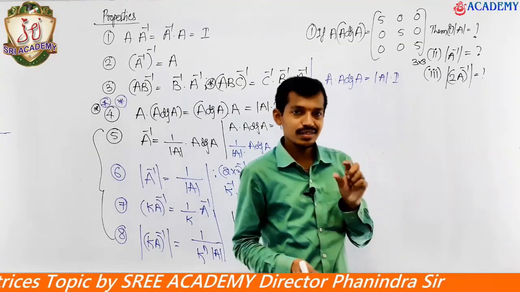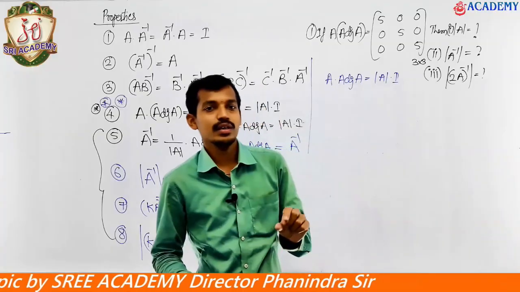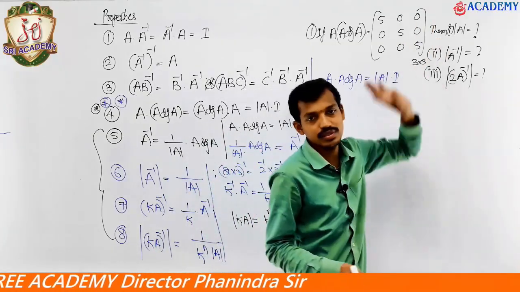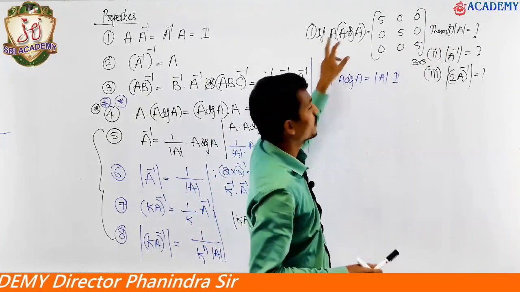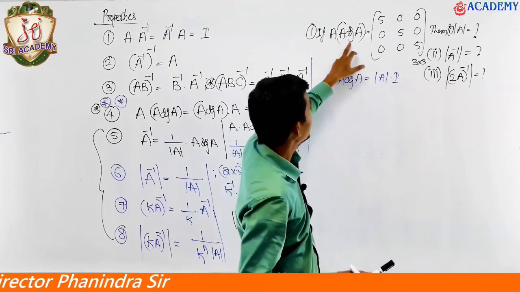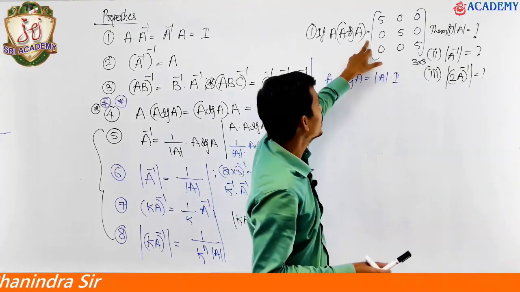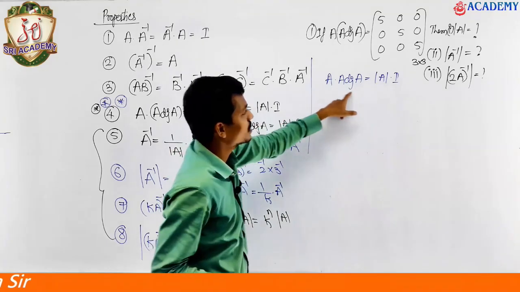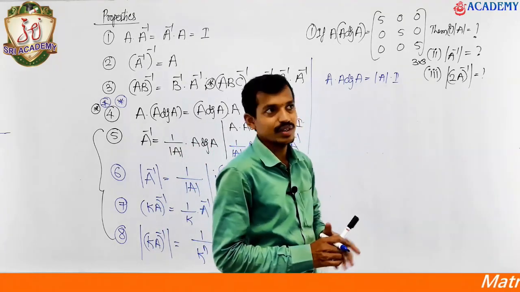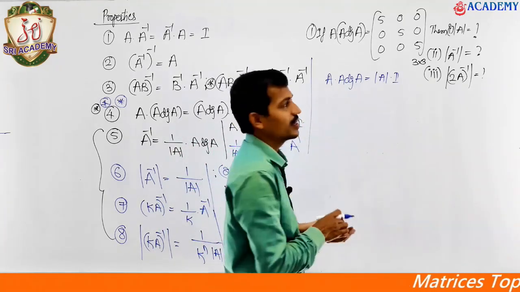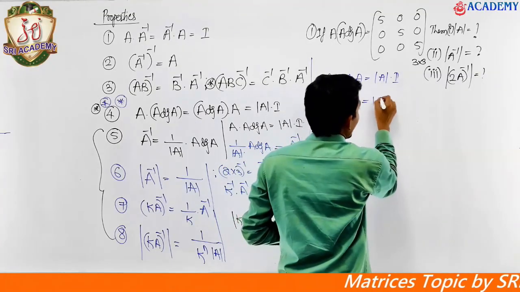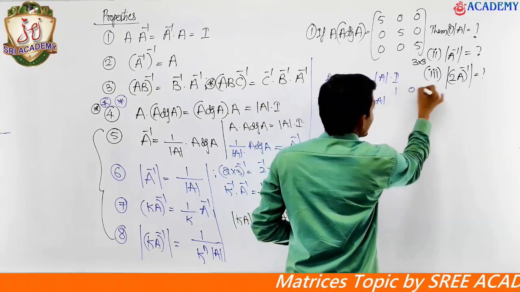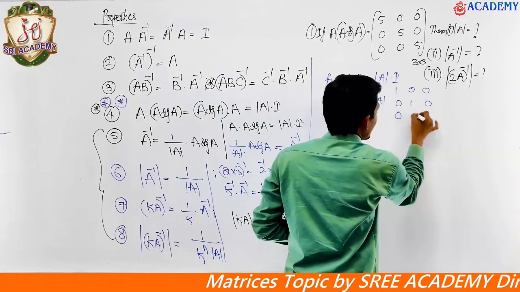But it's a simple answer. If you know the determinant here, we can say these are all determinants. A into adjoint of A equals determinant of A into I. If this is the A matrix, the identity matrix is nothing but 1 0 0, 0 1 0, 0 0 1.